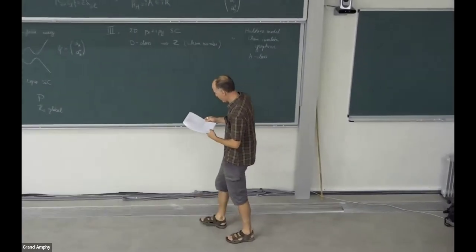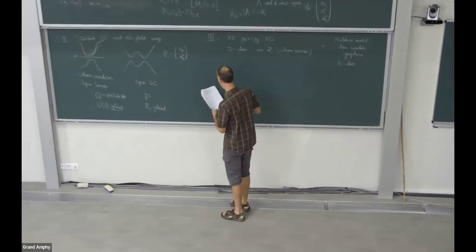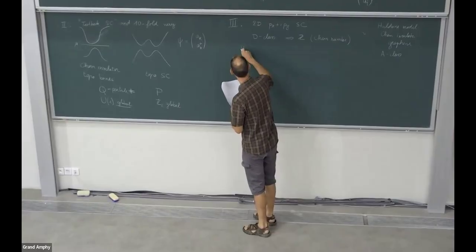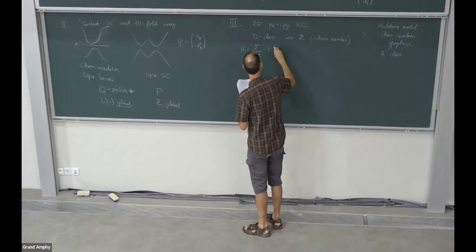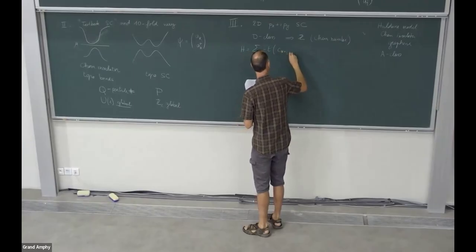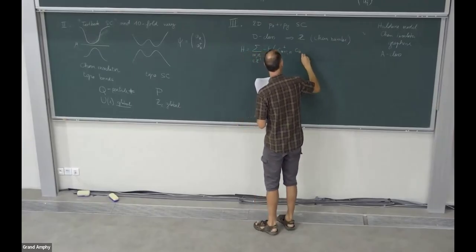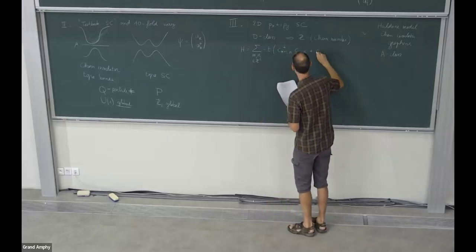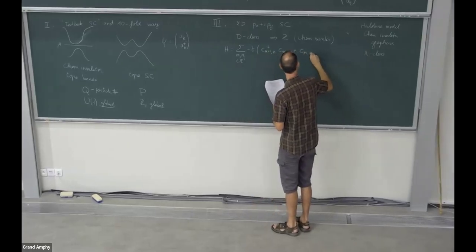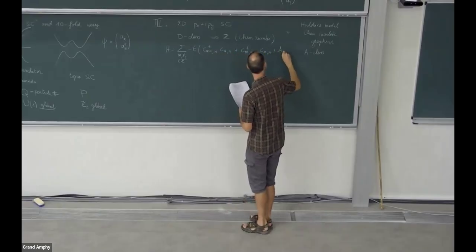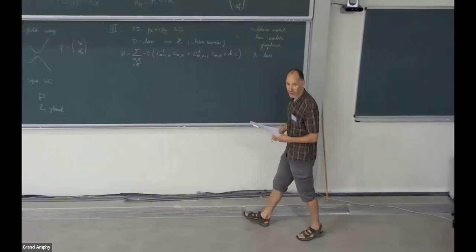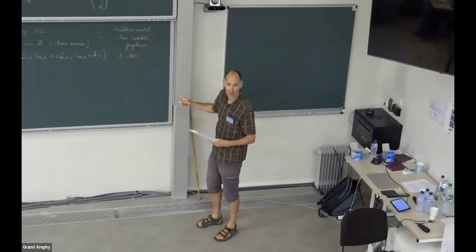Okay, and this model, let me write it in real space. So I will go on a square lattice. I have some hopping in both the X and Y direction. And really, to get you annoyed, now the c are complex fermions.